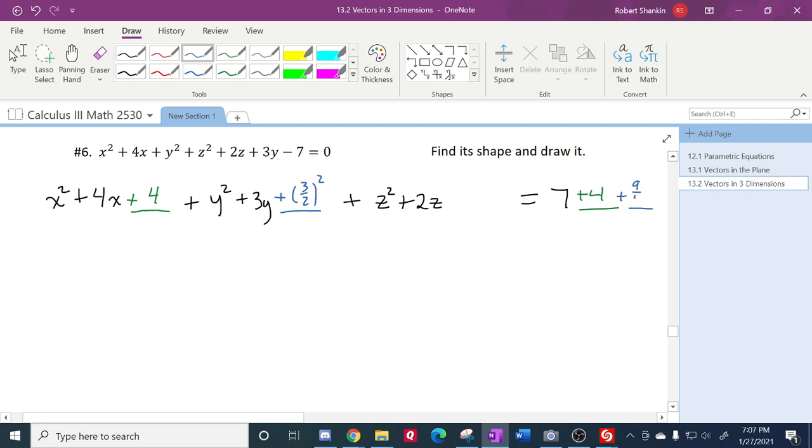We'll call it 9/4 on this side. Okay, and then this last one is plus half of that, 1, which is 1. 1 squared is 1. And we have to add that to both sides.